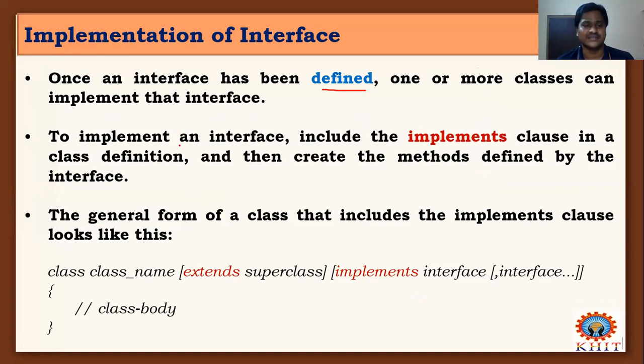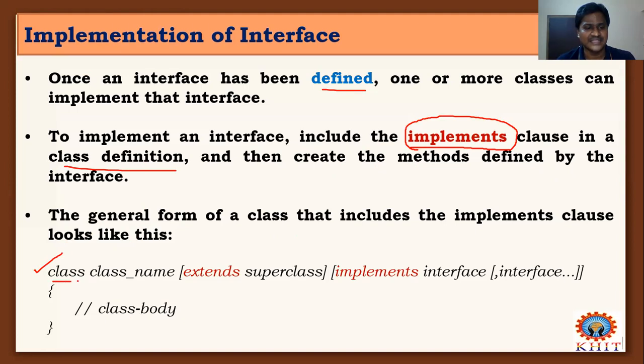What is the syntax given in Java? To implement any interface that was already defined, we use a keyword called implements. This implements clause, the implements keyword in the class definition, is shown in the syntax below. And then create the methods defined by the interface. That is important, right?